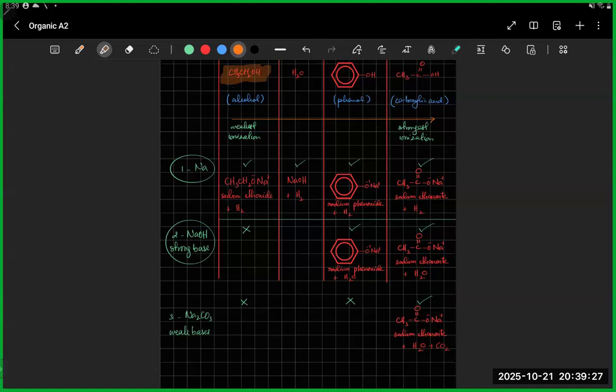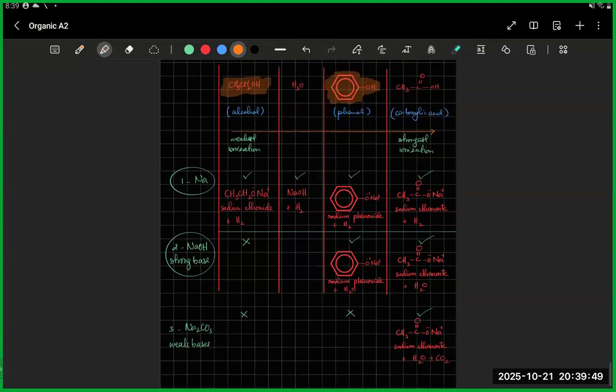Otherwise, they don't really react with any of the other ones, the strong bases and the weak bases. Your phenol over here is a slightly stronger acid. It reacts with sodium metal, it reacts with strong bases, but it doesn't react with weak bases. And the last one is carboxylic acids. They pretty much react with all, whether it's a strong base or a weak base, they are going to react.